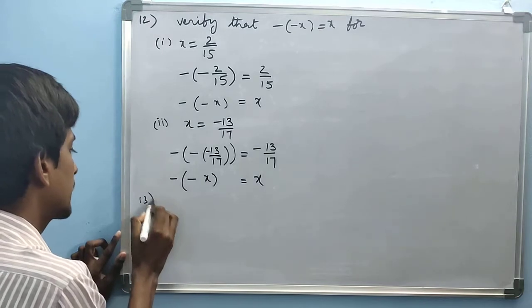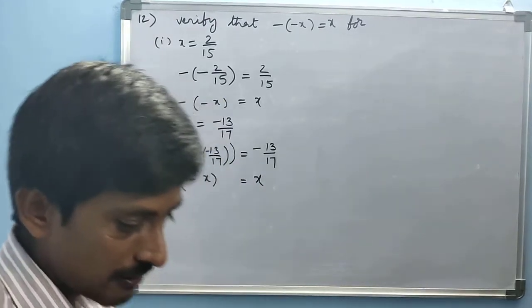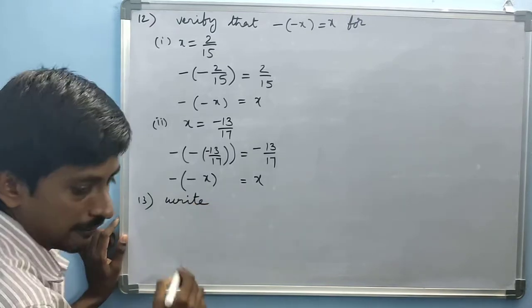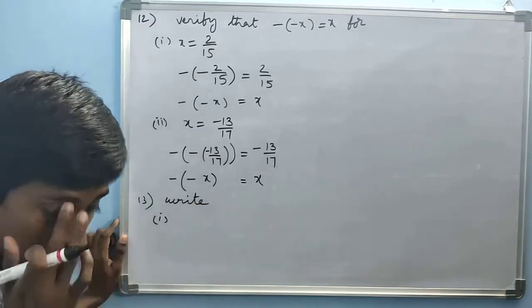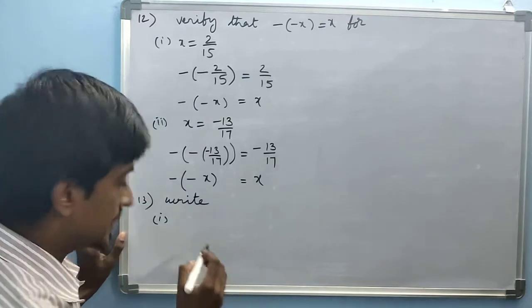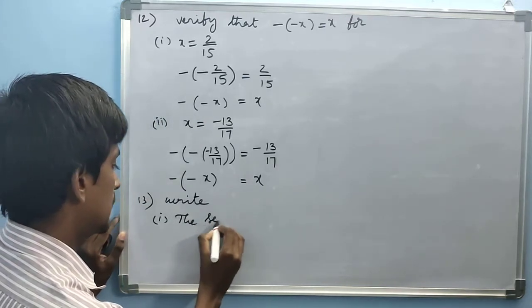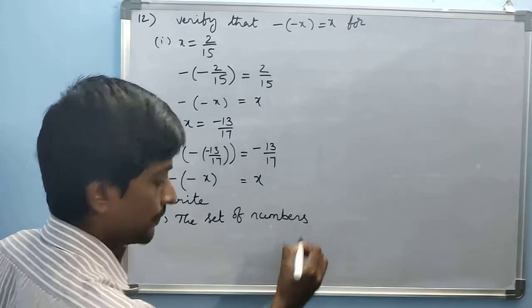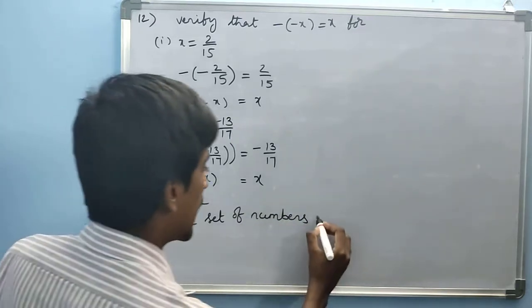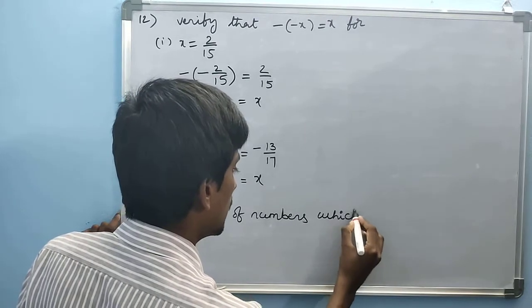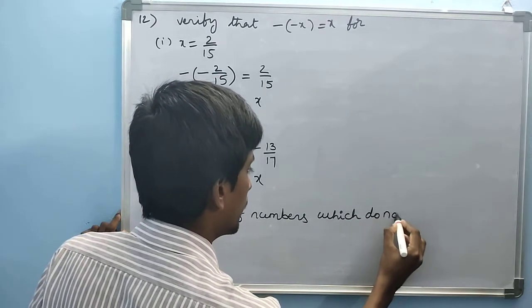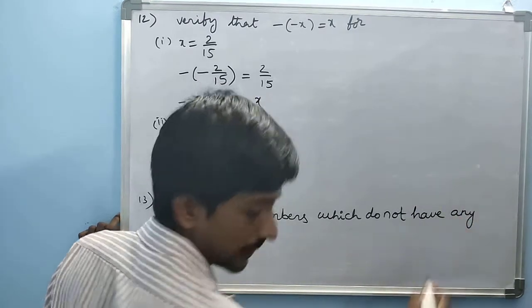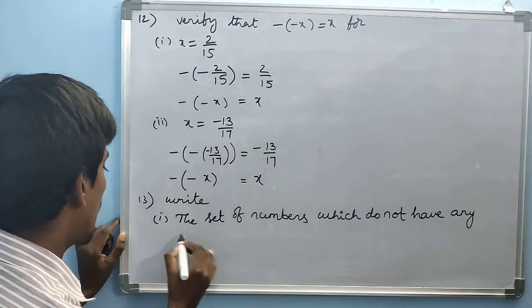And 13. What does 13 mean? First one: the set of numbers which do not have any additive identity.